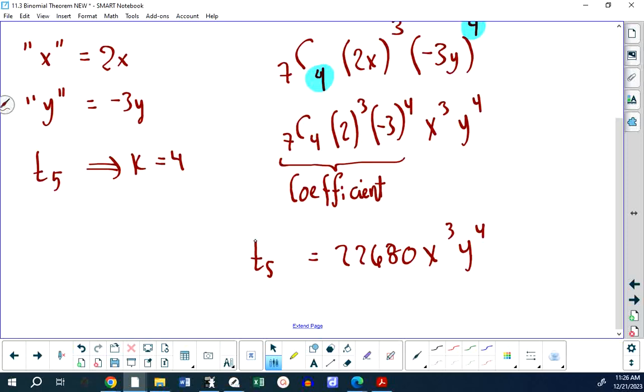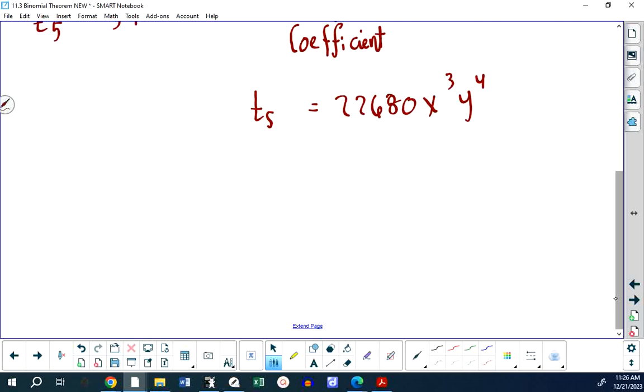No. Now, I want to point something out to you. Do you agree that in this term, k is 4? Okay. Do you agree then that the fifth term is the k plus 1th term? Okay. It's weird, but I'm about to show you the formula that's on your formula sheet, and people recoil in horror from the formula. And what I will tell you is you don't need to use the formula if you understand the relationship here.